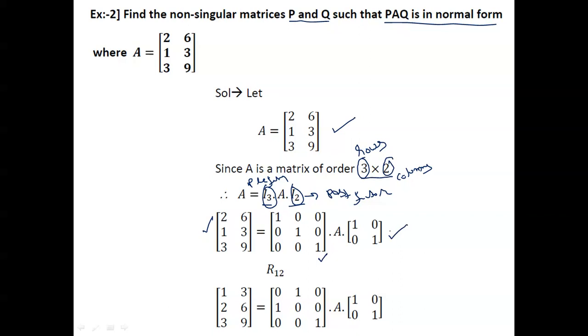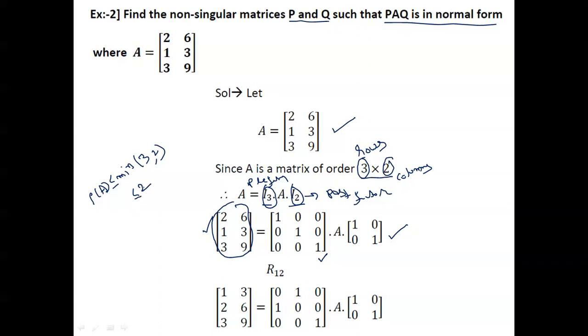Now our aim is to reduce the left hand side matrix into normal form. So for that, this is the 3 by 2. So rank of A less than or equal to minimum of 3 comma 2. So that is less than or equal to 2.